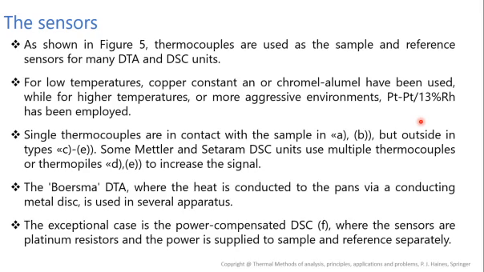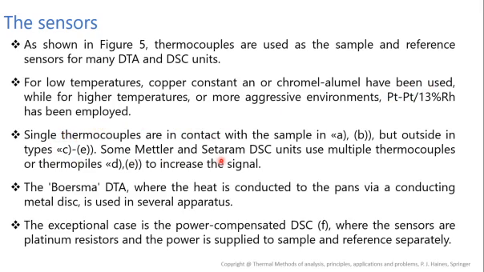As shown in figure 5, thermocouples are used as the sample and the reference sensor for many DTA and DSC units. For low temperature, copper constantan or chromel alumel have been used as sensors, while for higher temperature, or a more aggressive, reactive environment, platinum 13% rhodium kind of sensors have generally been used.